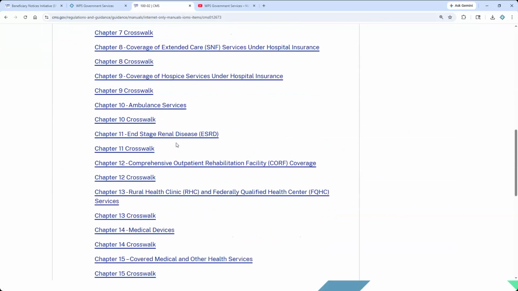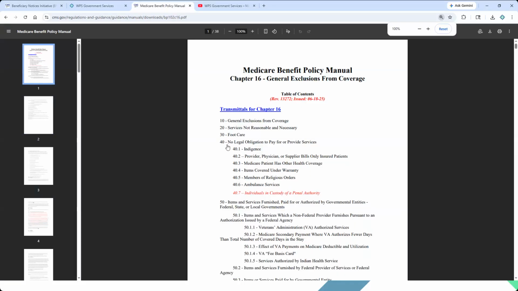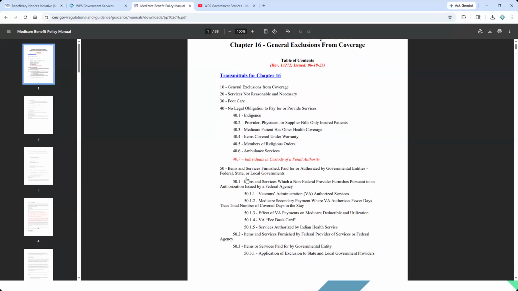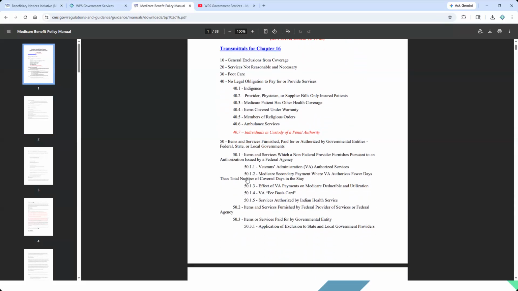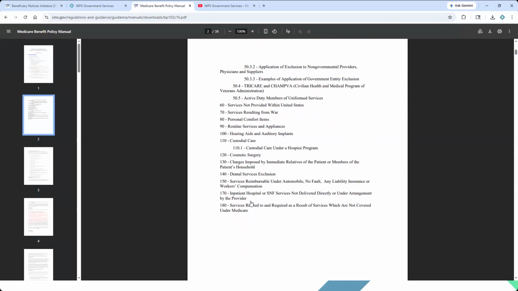What you're looking for is a chapter called excluded from coverage. The word exclusion means never, ever, ever covered, and it will actually walk you through the different exclusions. Again, it doesn't necessarily talk about things like procedure codes, but it does give you a lot of situations and scenarios. So I'm not entirely sure there's ever going to be a list of just these are the excluded services.